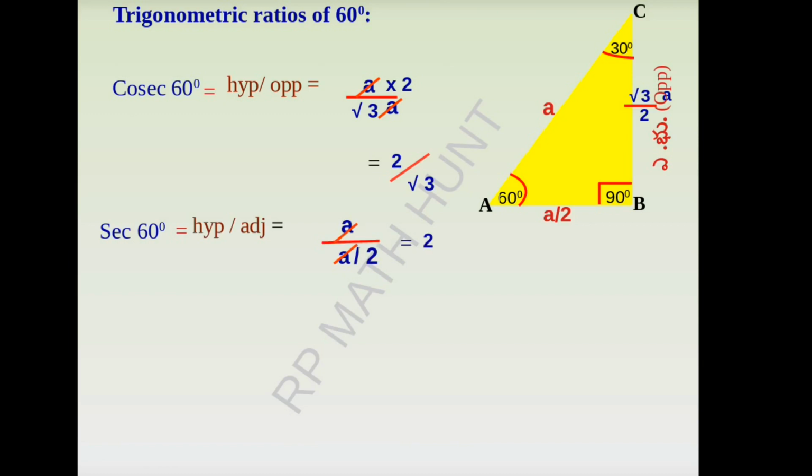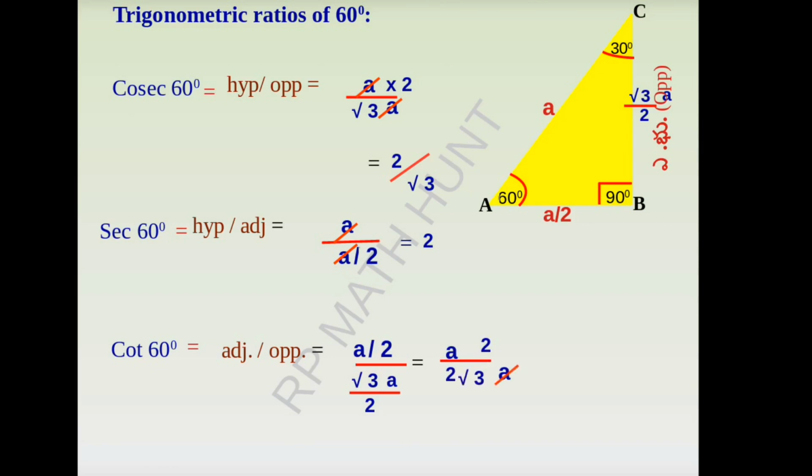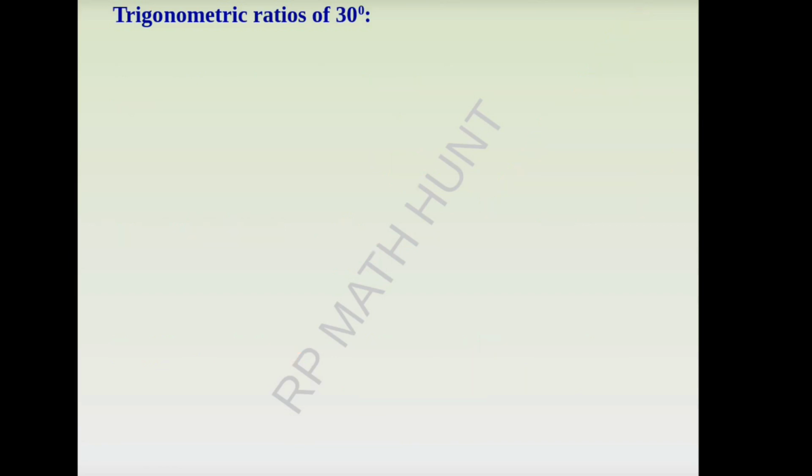A gets cancelled and 2 goes up, that is equal to 2. Next, cot 60: adjacent by opposite is equal to A by 2 by root 3A by 2. A gets cancelled and 2 gets cancelled, and only 1 by root 3 is the result.